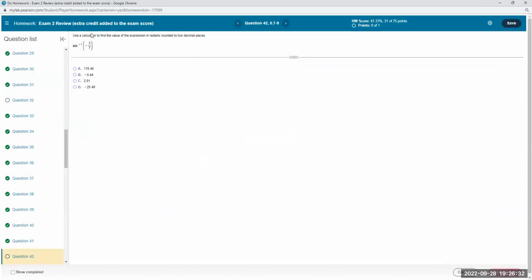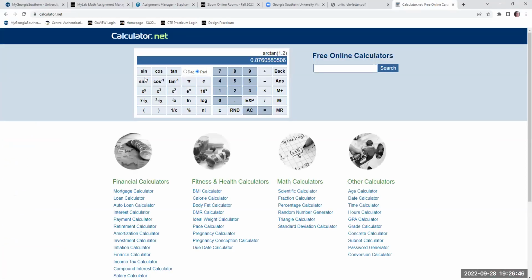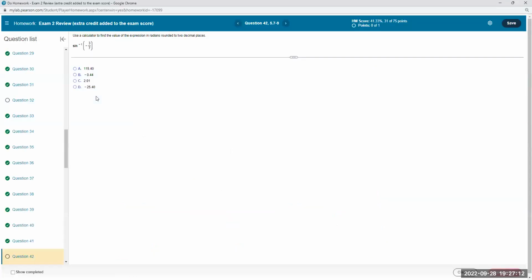Now we're going to use a calculator to find the value of sine inverse of negative 3/7, rounded to 2 decimal places. I'm still in radians. On this calculator, I have to put in 3 and then change the sign, divided by 7. And we get negative 0.39.